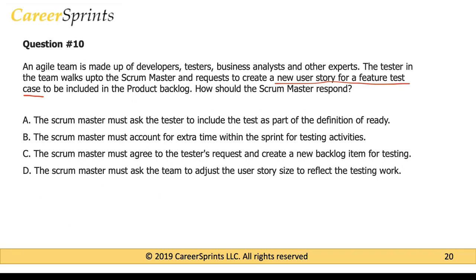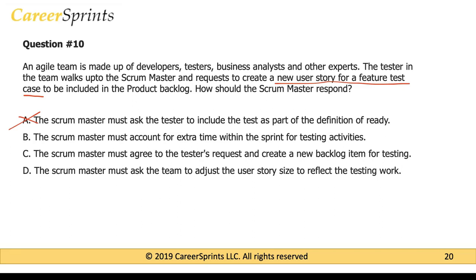In the definition of ready, there could be a checklist item saying that all user stories should have a test case or an acceptance criteria associated with it. That sentence could be there, but the test itself is not going to be in the definition of ready. And so that will be the incorrect answer.